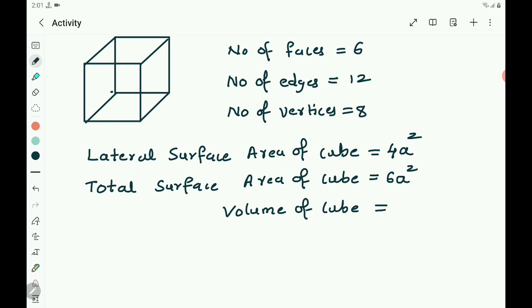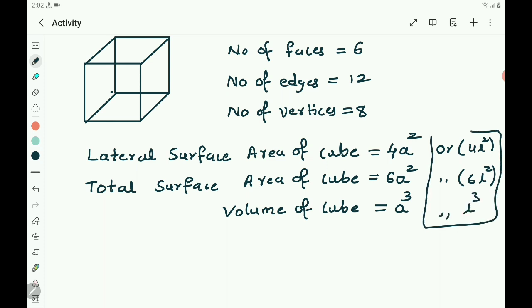You can take L also: 4L square, or 6L square, or L cube. That also you can take here.